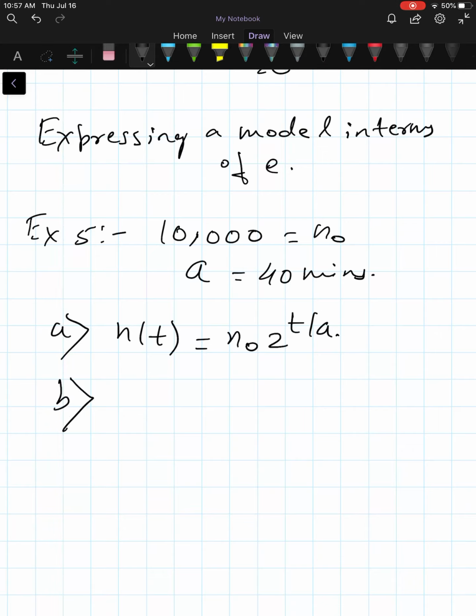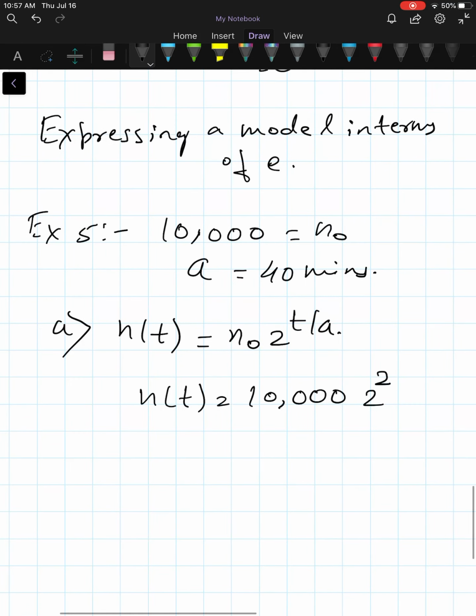For the given data, n of t is equal to 10,000 times 2 to the power of t by 40 minutes. For 1 hour, 40 minutes will be 2/3 of an hour, so I will write this as 2t by 3 in the power.